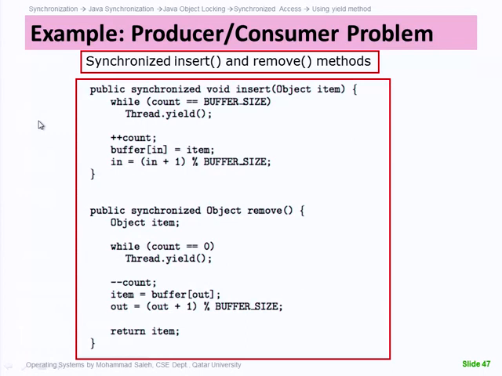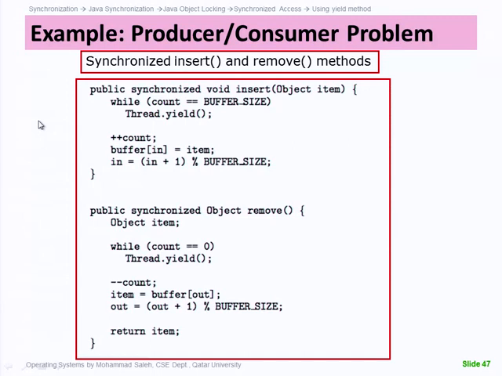Now we go back to the traditional problem of synchronization, which is in this case the producer-consumer problem. Previously we have used synchronized, or we didn't yet, right? Not yet. We used that with the bank account. So now if we want to modify the code of the producer-consumer problem, the very first thing is to guarantee mutual exclusion.